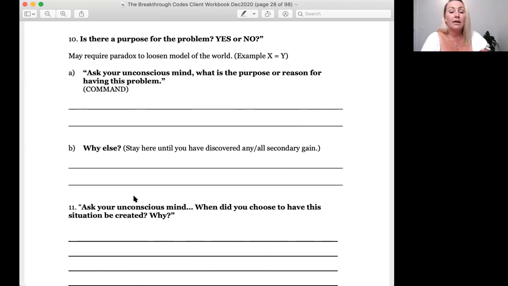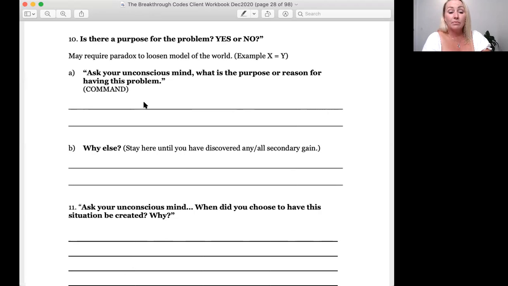when we get the reason or the purpose for the problem, they're starting to take ownership. Okay, yep, the reason for this problem is, and you're listening to their language. Now, if they do say protection, if they do say to keep me safe, if they do say things like that that are actually secondary gain potentially, because it's what I know, blah, blah, blah, whatever like that, then you've got to be aware of that and loosen their model of the world and call it to their attention.